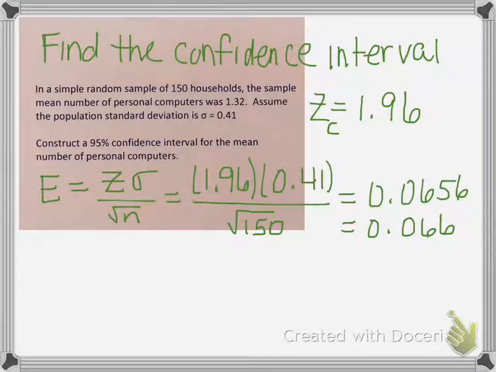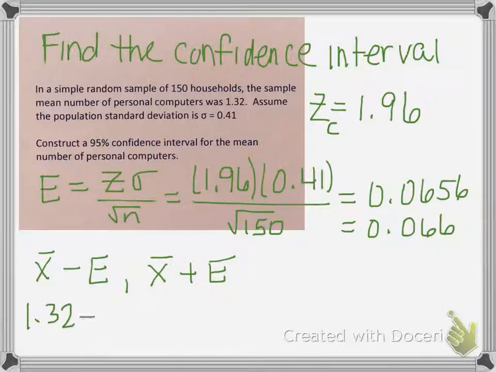The basic setup for our confidence interval is to take our sample mean, our x bar, and subtract our margin of error. That's going to be our low value. And then we're also going to add it. We need to have two values that our population mean can be in between.